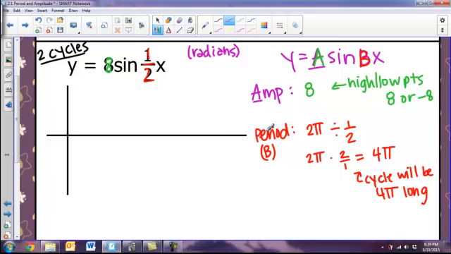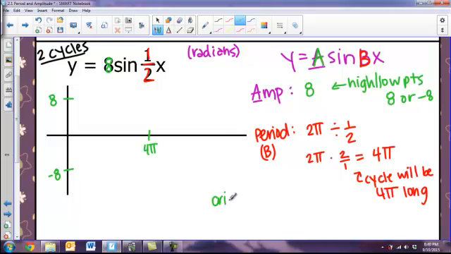So when I look at this, I can go ahead and label some points. I know my high point is 8. I know my low point is negative 8. Then I have my period here. A full cycle is going to go from 0 to 4 pi. But I need to know where those critical points in between are.